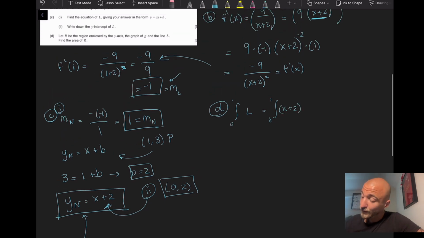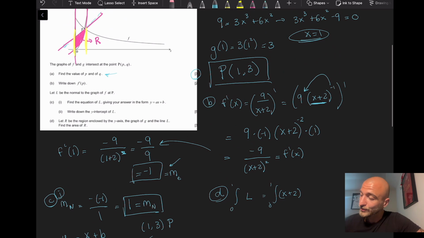This would give us the area underneath that line L, which if I do in, let's say, yellow, would be this area here plus everything underneath it. And we don't want that. We want everything up until this point where the g of x function lies.